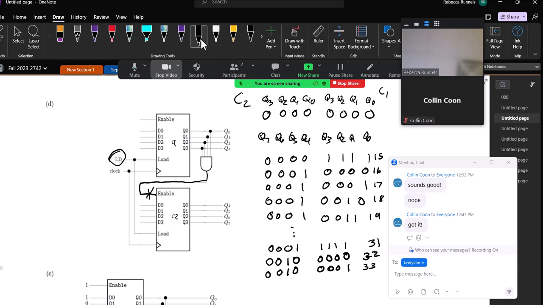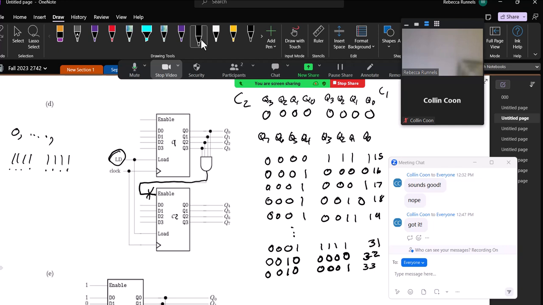Okay, so this counter is going to go all the way from 0 up to where we get all 1s in both counters. And if we think about our place values here, this is 1, this is 2 to the 0, 2 to the 1, 2 squared, 2 to the 3rd, 2 to the 4th, 2 to the 5th, 2 to the 6th, 2 to the 7th.